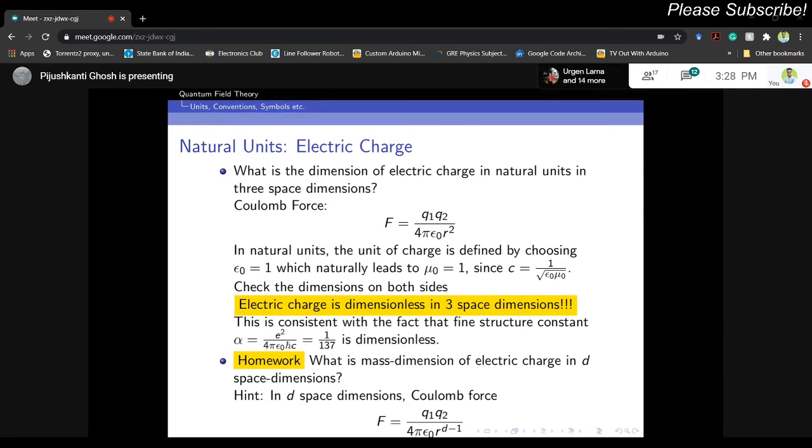If you are really living in a planar system, then the Coulomb potential is not 1 by r but log of r. But for all those spintronics based devices or graphene-like things, we do consider the standard form of the Coulomb potential of 3 dimensions.